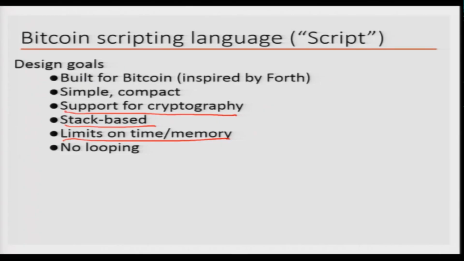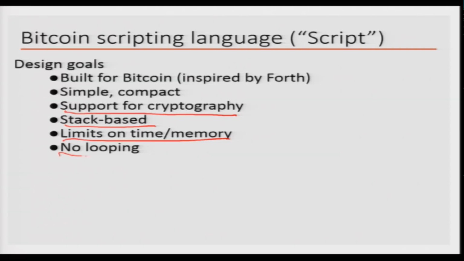Therefore, it is pretty limited, because these scripts are written by somebody else. When you are validating a transaction, the script sig or script pub key is written by the person who put the transaction in. If he is a malicious user and he had a time consuming instruction there, then all the validators would be getting into a huge time consuming computation, which would delay validating all other transactions.